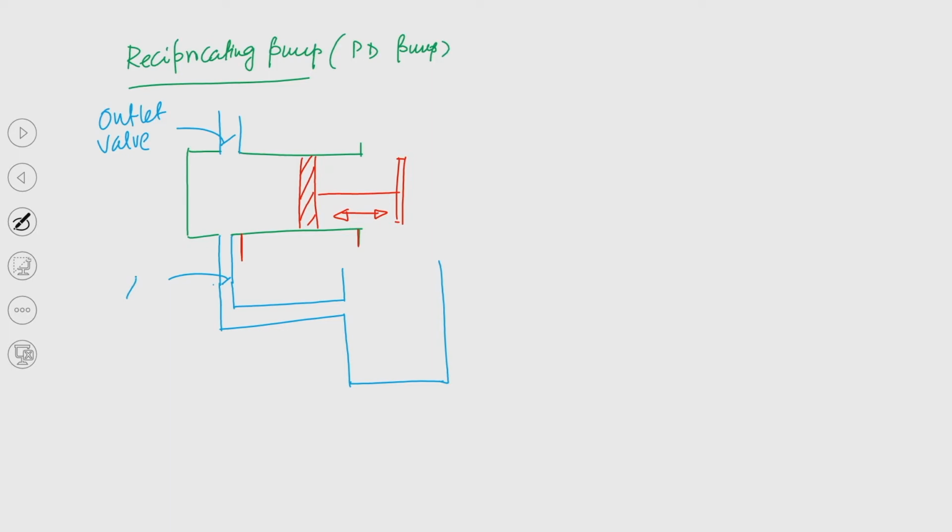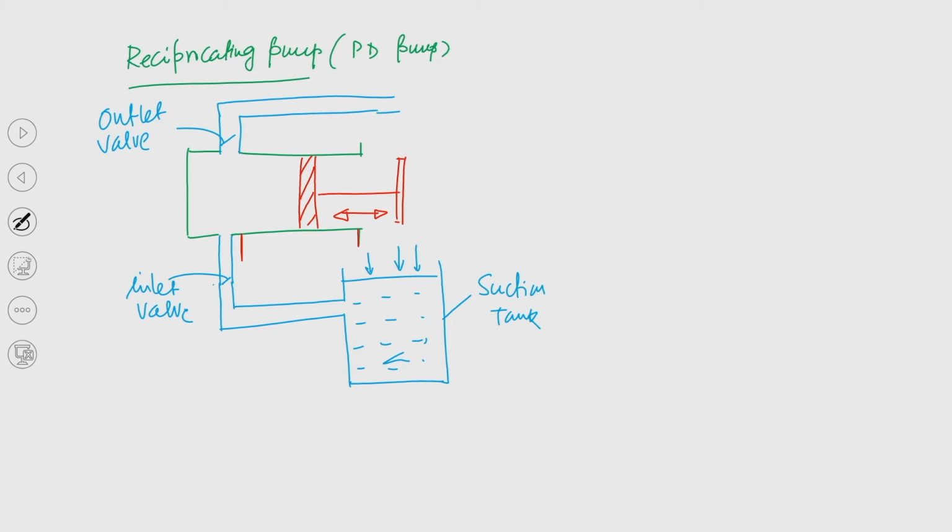So, this is the inlet valve. Okay. So, say this is liquid, this is the suction tank, and that liquid will be pumped to one delivery tank. So, this is the delivery tank.